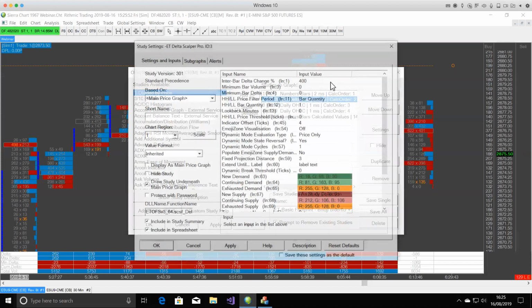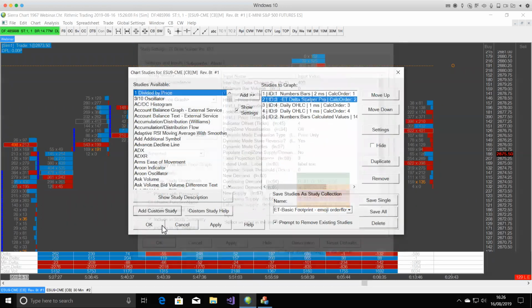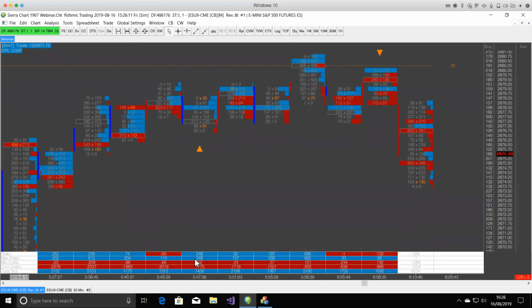So I'm saying if I've got a 400% change in bar delta between bars, come back to the look back, then show me the delta scalper condition. I'm not going to do any visualization first of all. Let's just see where the arrows come so we can talk through the condition and why it's happening. Okay, well, that one, my mental arithmetic works.